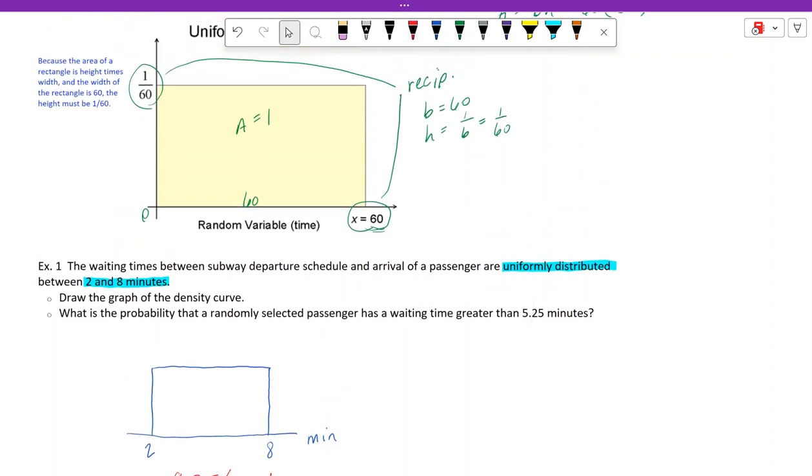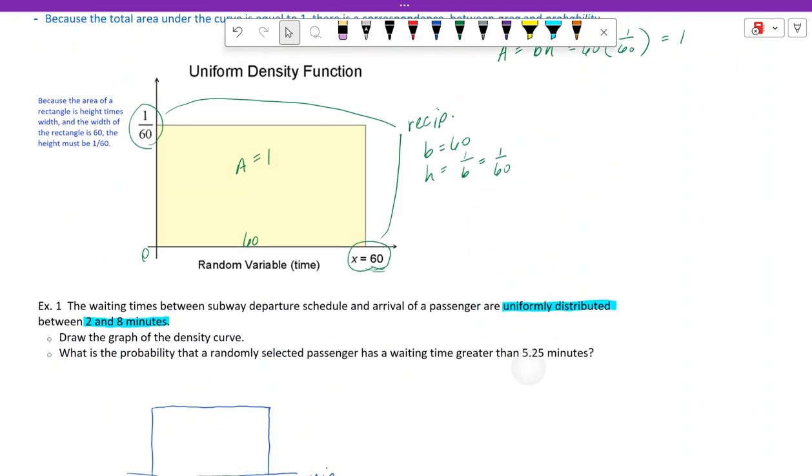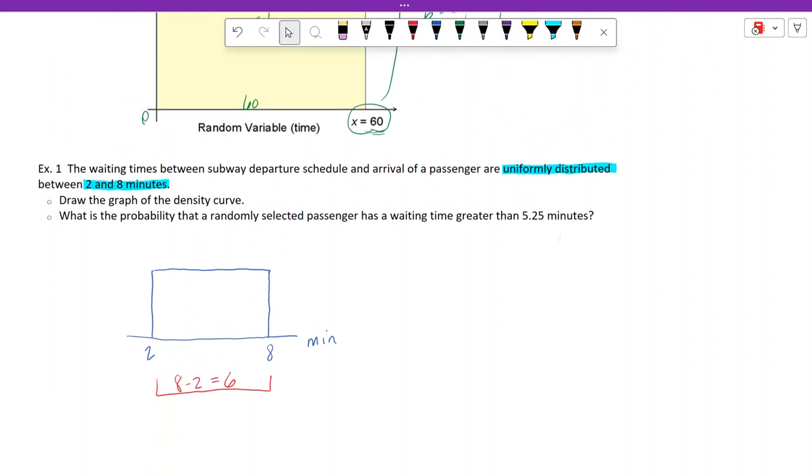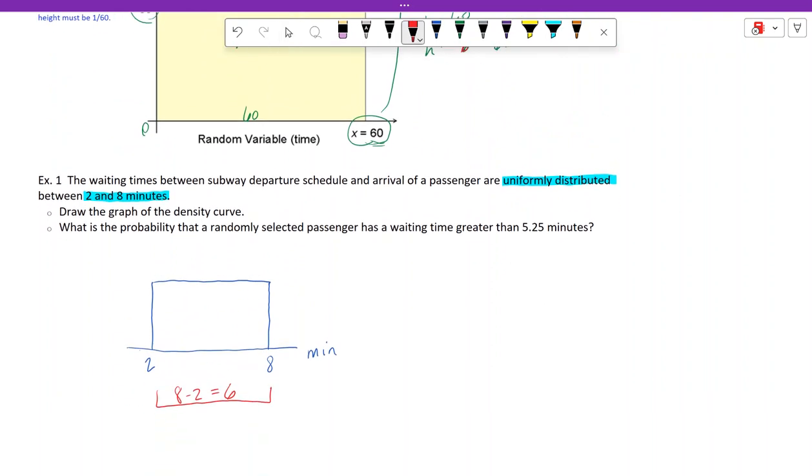We said here that my height has got to be 1 over the base. So if my base is 6, then the height is going to be 1 over 6. So that's how we're going to get the area of this rectangle I've drawn equal to 1.